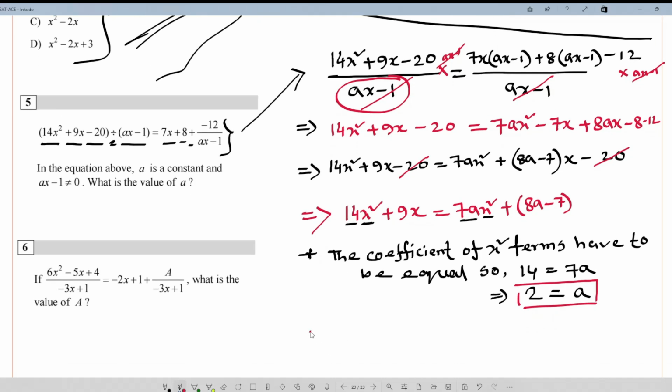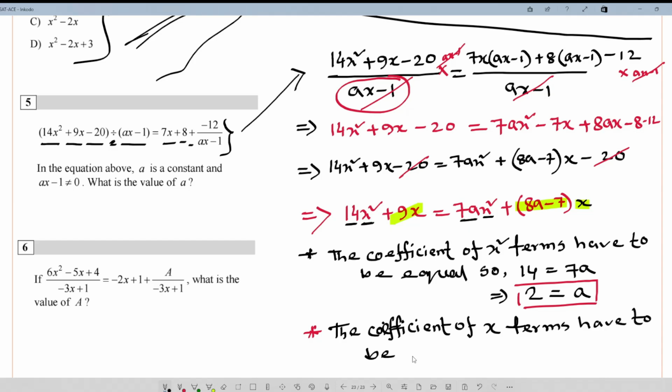Another thing, look, here is plus 9x and here should be x, and here is 8a minus 7 times x. So we can write the coefficient of x terms have to be equal.